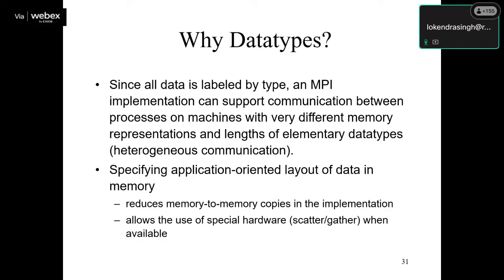So data type is very important for any programming language. Specifying application-oriented layout of data in memory will reduce memory-to-memory copies.